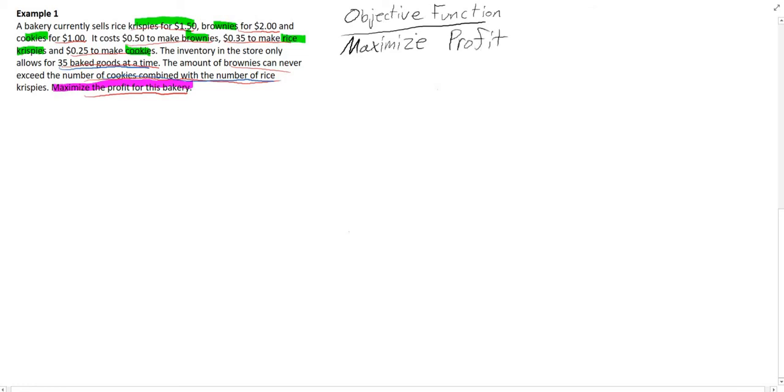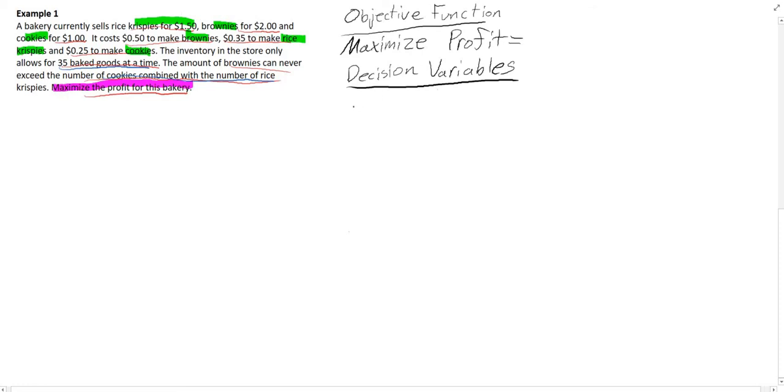Now we are going to later define what profit is equal to, but now we are going to go to the decision variables. And we are going to define these. Now you can clearly see that I've highlighted brownies, Rice Krispies, and cookies.